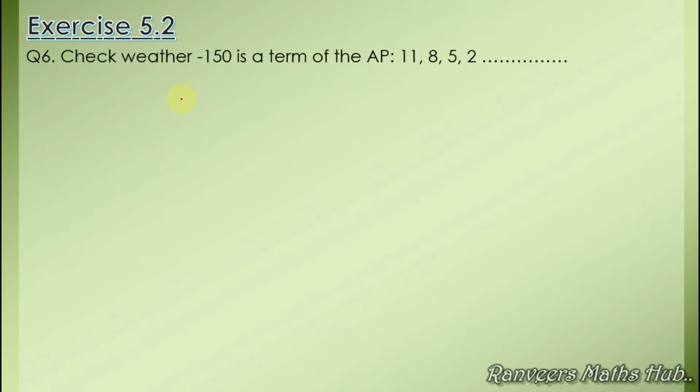Check whether minus 150 is a term of the arithmetic progression 11, 8, 5, 2, and so on. Okay, in this sequence, does minus 150 come or not? We have to check it. So what I will do, I will consider this term as the last term of the sequence, and the last term is denoted by an.